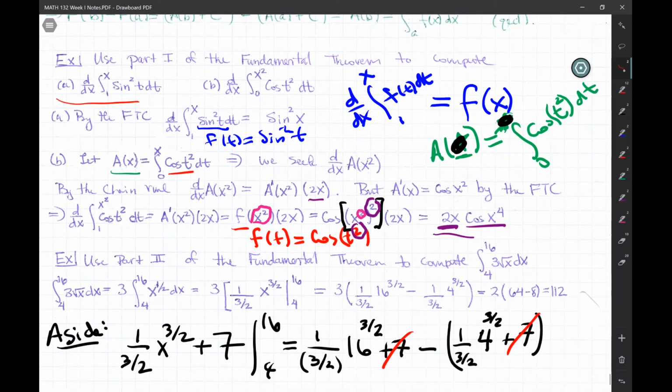Okay? So that is why we used that symbol for the antiderivative. So very important theorem, very interesting, and with very deep implications for the future.